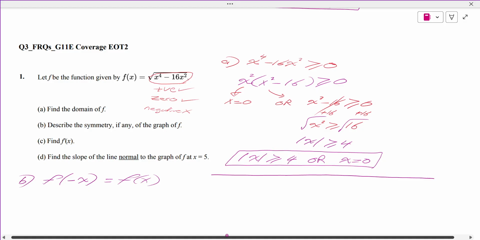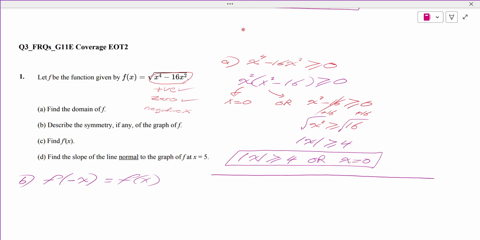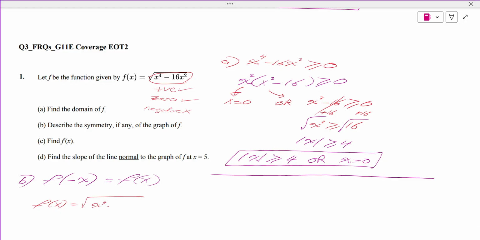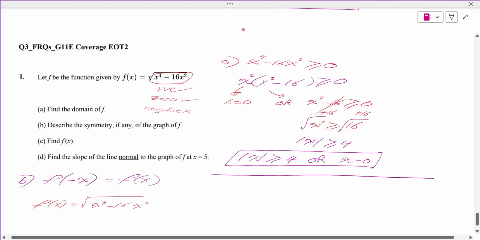So what do we do now? We will check this statement: f of minus x, will it be the same as f of x? Let's see. If you go to the given function, let me write the function here, which is the square root of x to the power of 4 minus 16x squared. Okay.